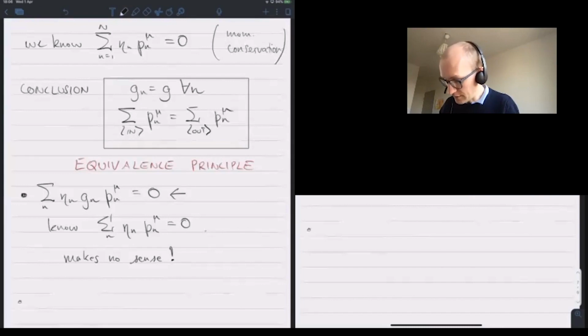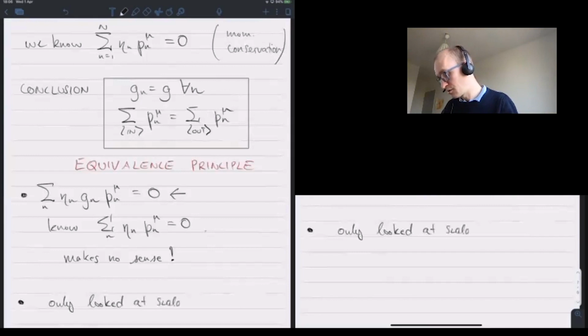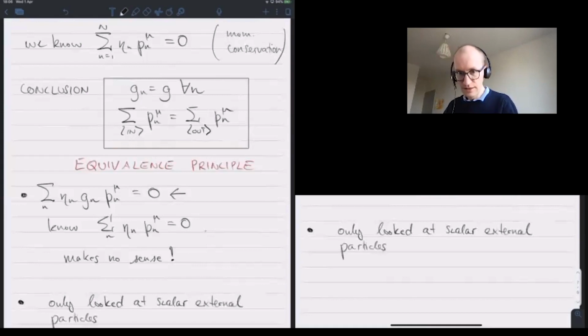And the final remark that I want to make is that we only looked at scalar external particles. But in fact, the analysis for spinful particles reaches the same conclusion.